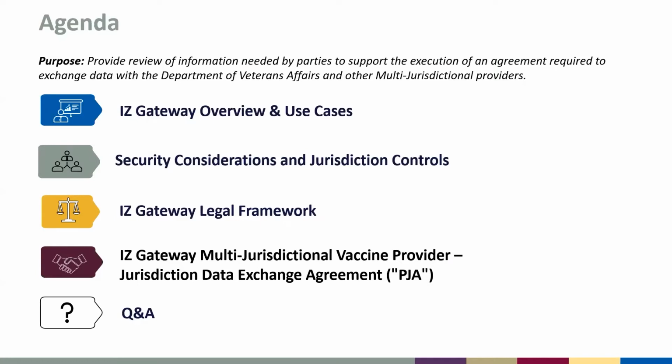To accomplish that purpose, we will start by doing an IZ Gateway overview and reviewing the IZ Gateway use cases. We'll talk through security considerations and jurisdiction controls, talk about the IZ Gateway legal framework, and then we'll do a deep dive into the PJA, ending with time for questions and answers, and then providing some possible next steps.